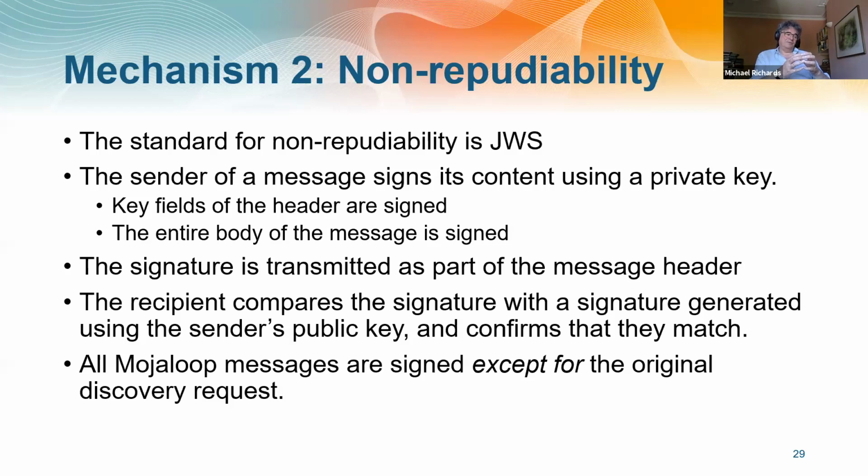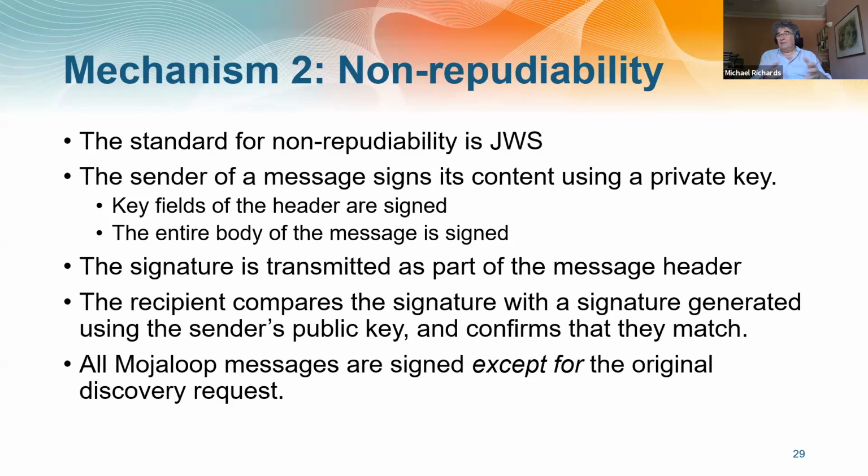And all Mojaloop messages are signed like this, except for the original discovery request. And the reason for this is that when the original discovery request was sent out, the sender didn't know where it was eventually going to be routed to. Now, one of the fields that is part of the JWS signature for non-repudiability is the destination of the message.